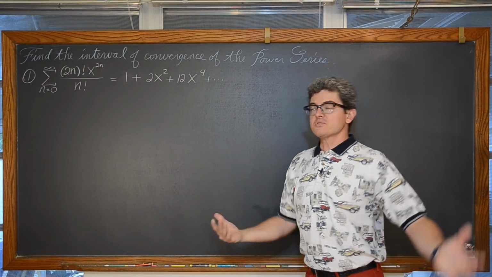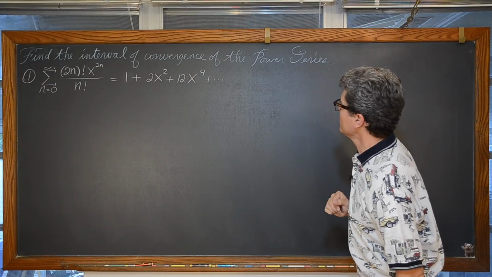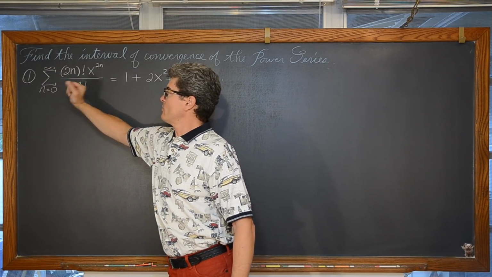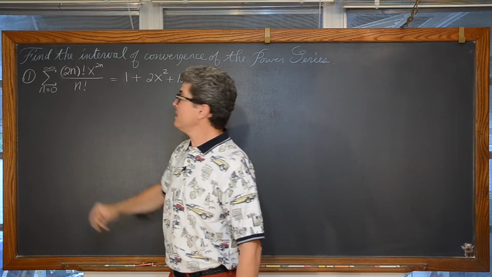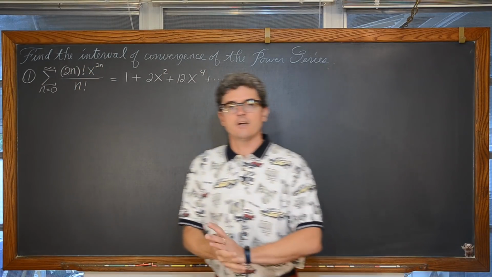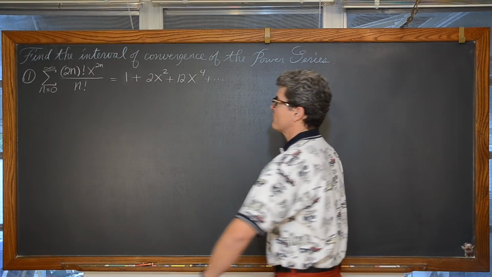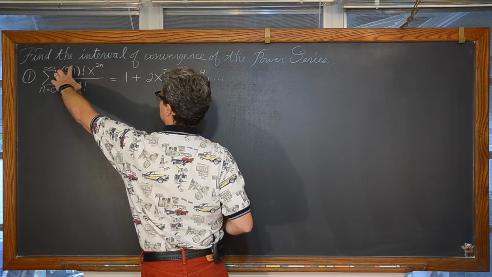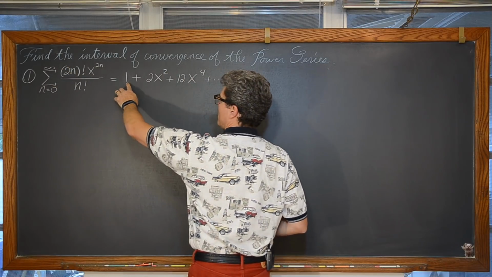So all of the examples are going to have the same directions. Find the interval of convergence of the power series. So we have our power series, the summation where n starts at 0 and goes to infinity, of (2n)! times x to the 2n over n!. And just to expand it out for you here, when we let n equal 0, we have 0 factorial and 0 factorial. Well, that's defined to be 1.